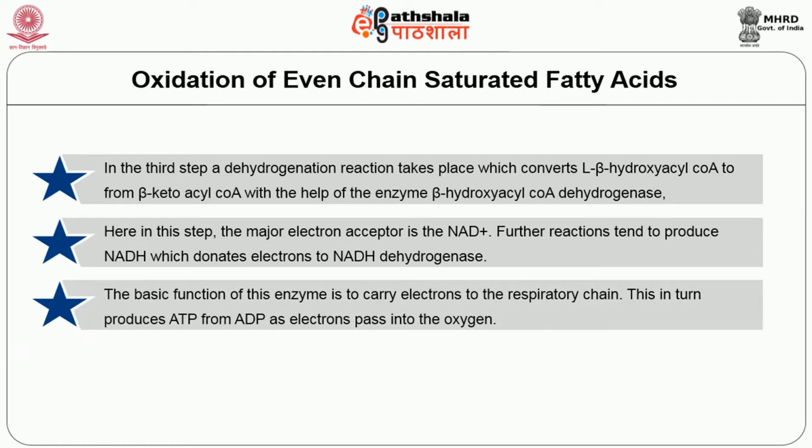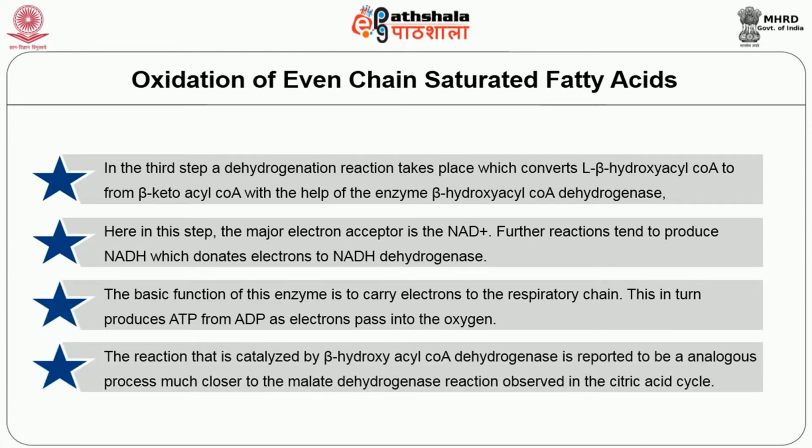The basic function of this enzyme is to carry electrons to the respiratory chain. This in turn produces ATP from ADP as electrons pass to oxygen. The reaction catalyzed by beta-hydroxyacyl-CoA dehydrogenase is reported to be analogous to the malate dehydrogenase reaction observed in the citric acid cycle.